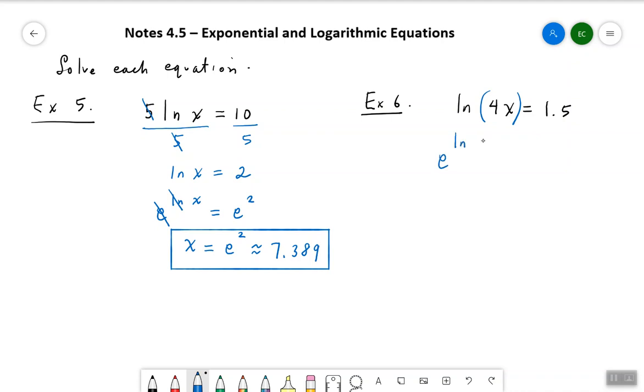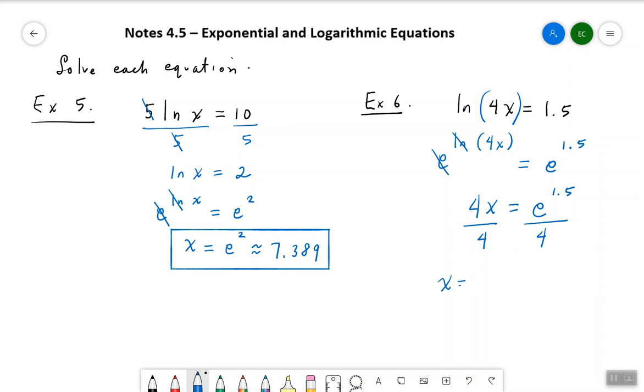So base e underneath the left side, we'll have the e and the ln cancel. And on the right side, we'll just have e to the 1.5. So when we simplify the left side, we have 4x equals e to the 1.5. And then we can just divide off the 4, and we're done.